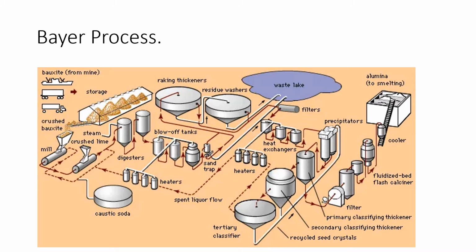The product size agglomerates of aluminum hydroxide crystals are filtered, washed to remove entrained caustic solution, and calcined in stationary fluid bed flash calciners at temperatures exceeding 1,750 degrees Fahrenheit.